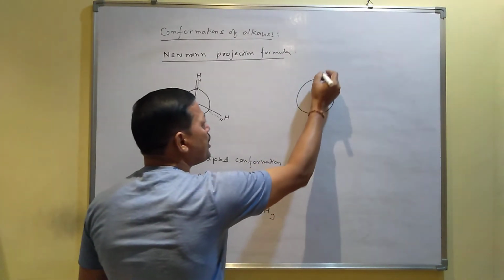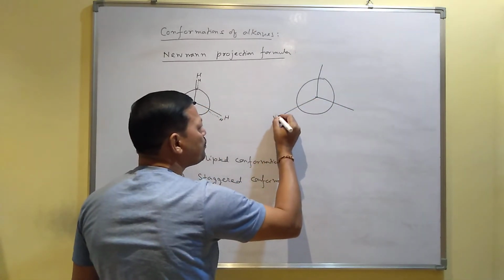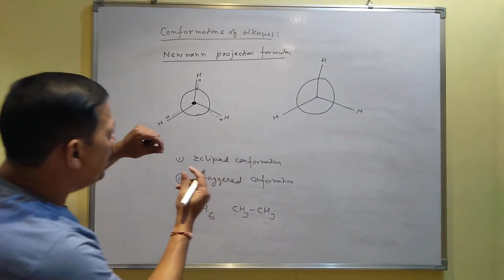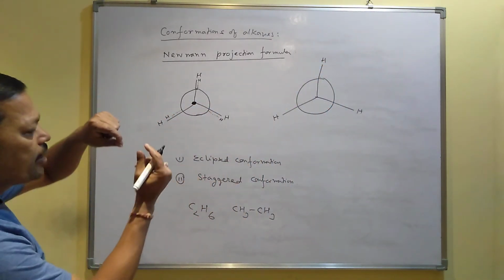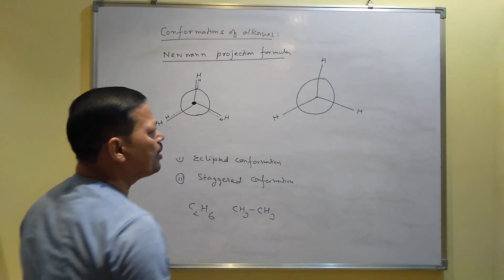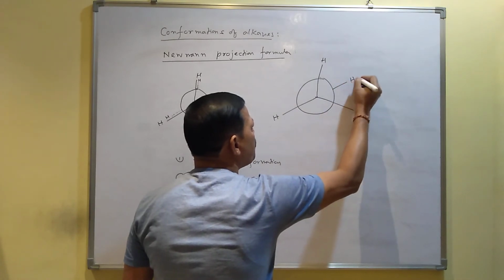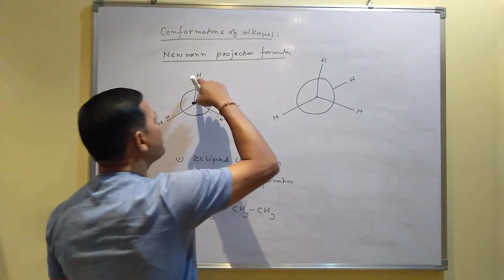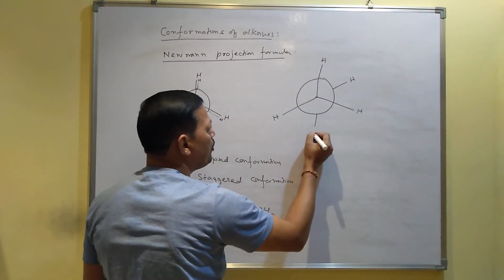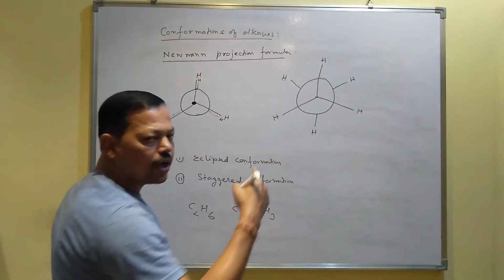Since the front side carbon is fixed, it will not rotate. The CH3 will remain there, and the backside carbon will rotate, and if you rotate 60 degrees, the hydrogens of the backside carbon come to new positions. This hydrogen will come to this position, this hydrogen will come to this position. You will get another structure of ethane like this by rotating the carbon-carbon sigma bond.